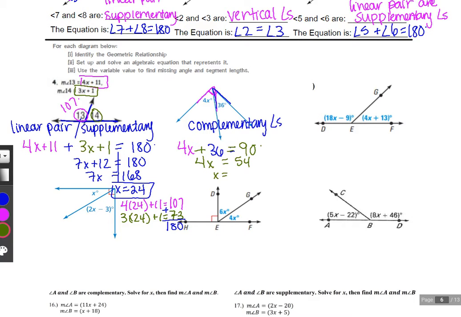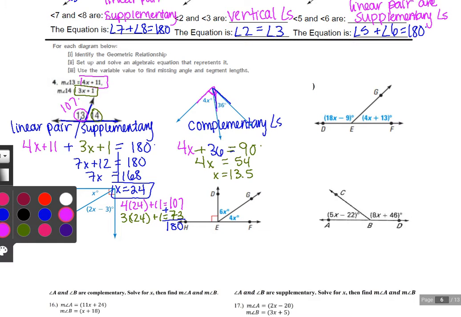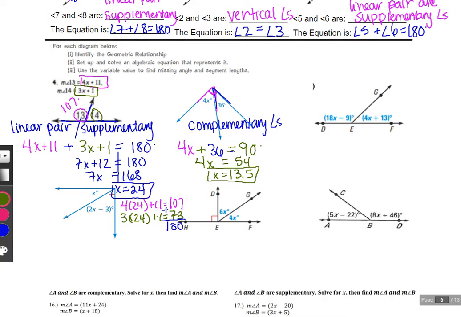So if I want to double check this, I need to do the third part of this problem, which is using that variable value to find the missing angles. So I'm going to come over here and take my x value, which was 13.5, and plug that in. So for this first angle, 4x, I'm just going to do 4 times 13.5, which should give us 54 degrees.